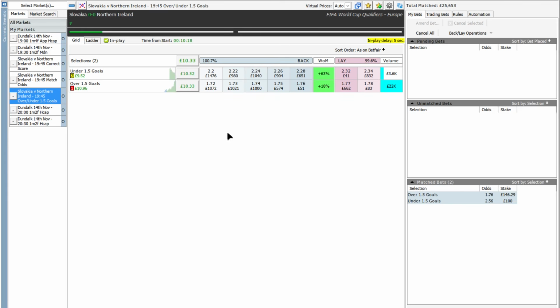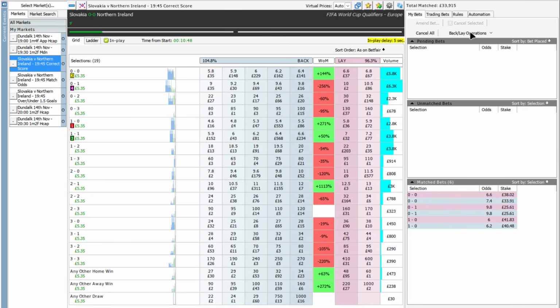Now if you look at the volume in the over-unders, we've got 25,000, whereas the correct score, the overall volume, is 33,000. However, that 33,000 is spread thinly across all 19 selections, and so trading out is that much more difficult.